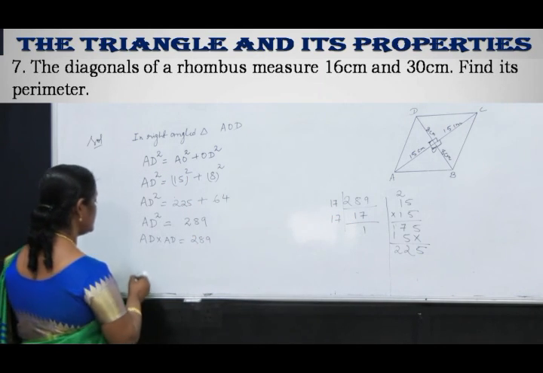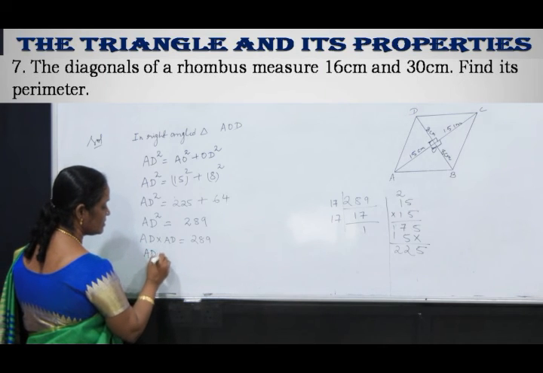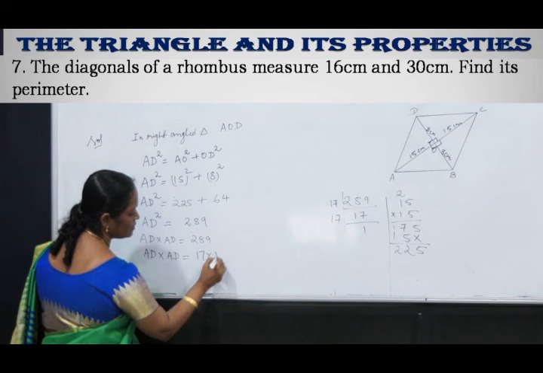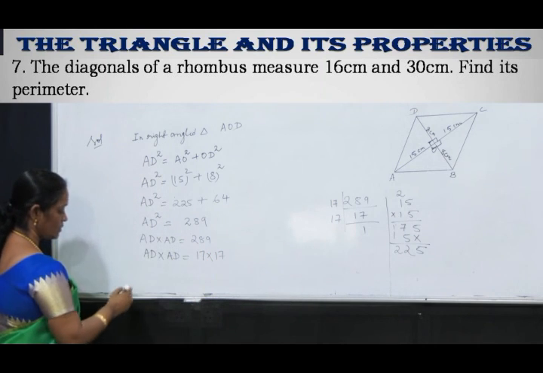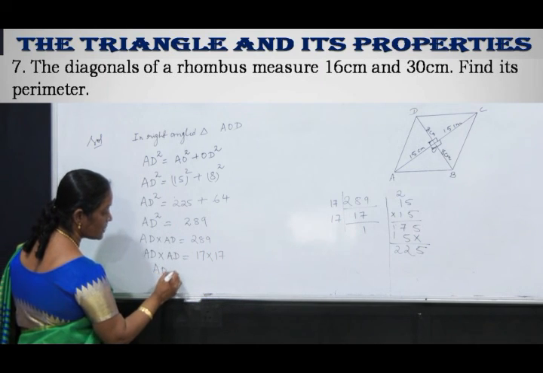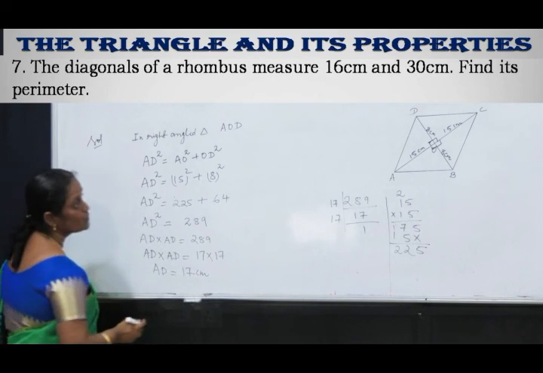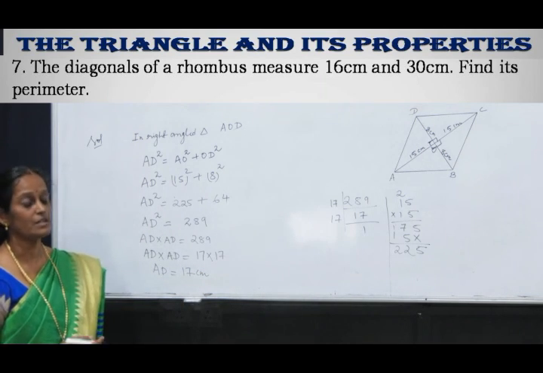So 289 is 17 into 17. So AD will be equal to 17 centimeter. So now we can find the perimeter of the rhombus.